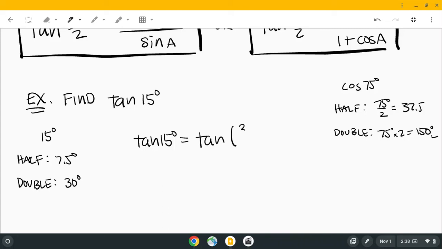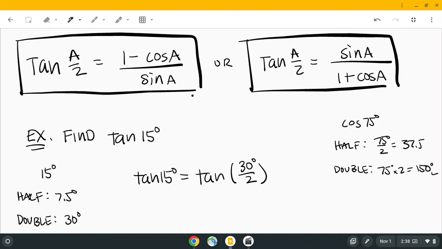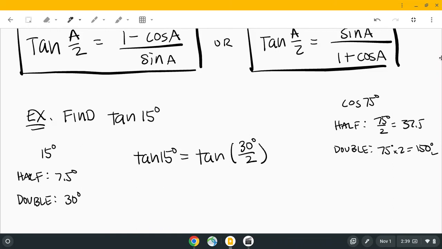So then use one of these two formulas where our A is 30. I'm just going to use this one over here. So equals sine of 30 over 1 plus cosine 30.